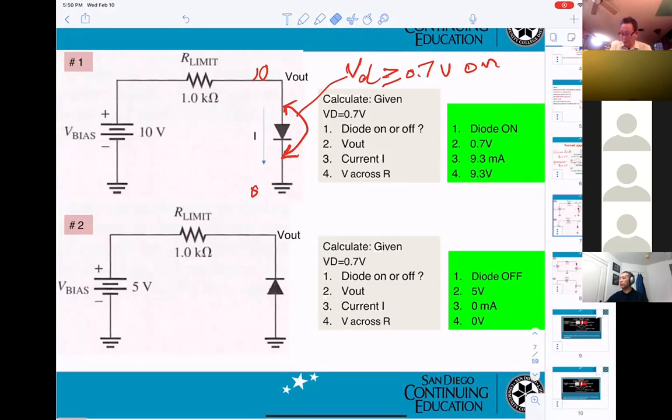Okay, so now I have to draw this. Positive, negative.